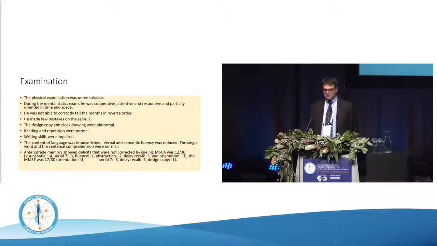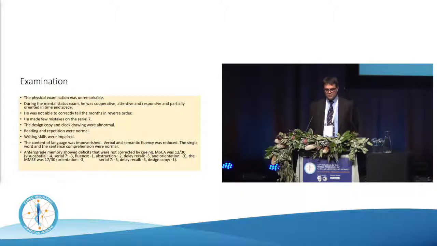During the mental status examination, he was cooperative, attentive, responsive, and partially oriented in time and space. He was not able to correctly tell the months of the year in reverse order. He made a few mistakes on the serial sevens. The design and copy of the clock was clearly abnormal. Reading and repetition were normal.